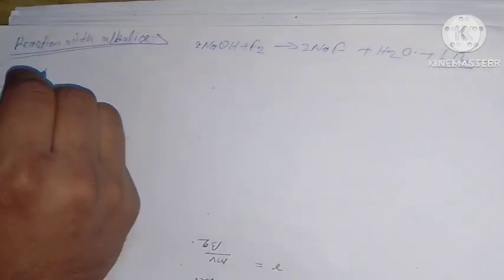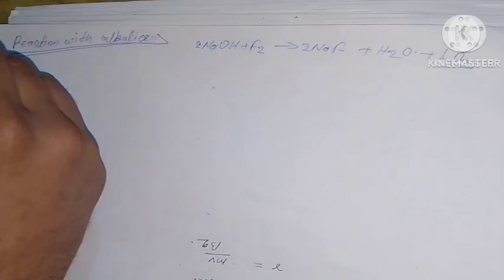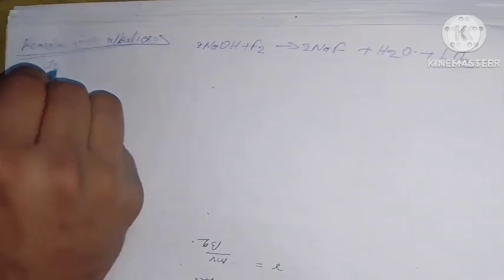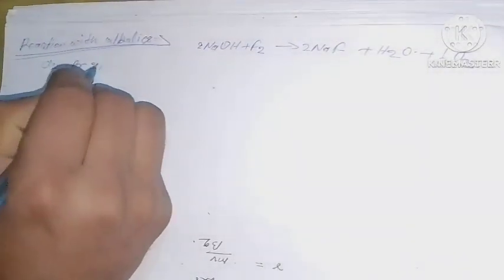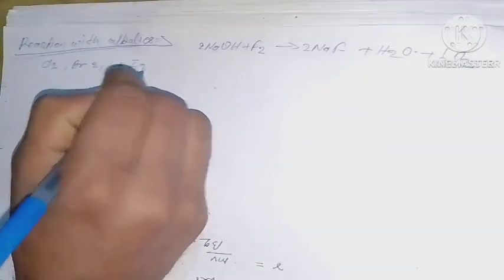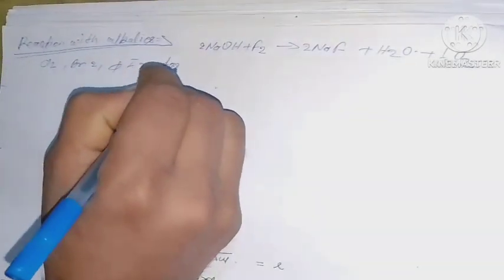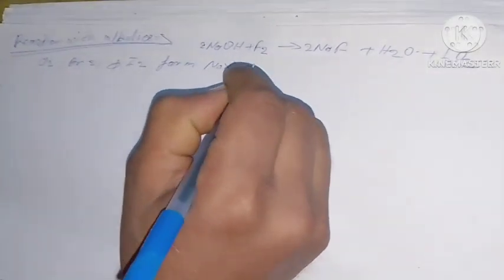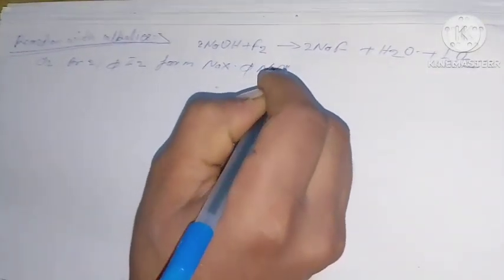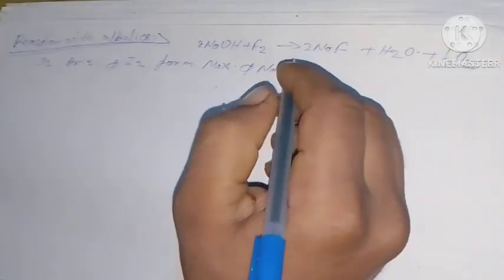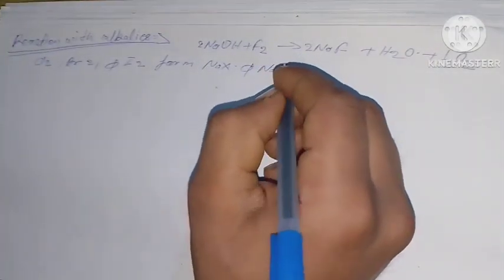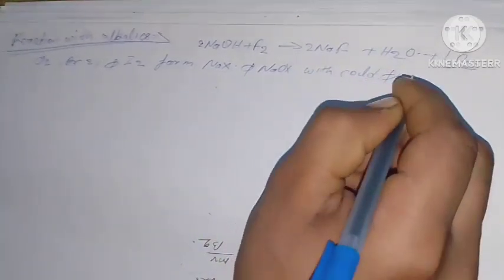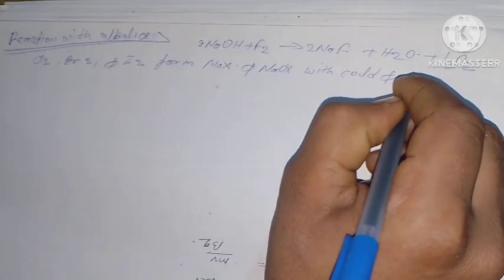Chlorine, bromine, and iodine form NaX, sodium halide, and NaOX with cold and dilute alkalis.